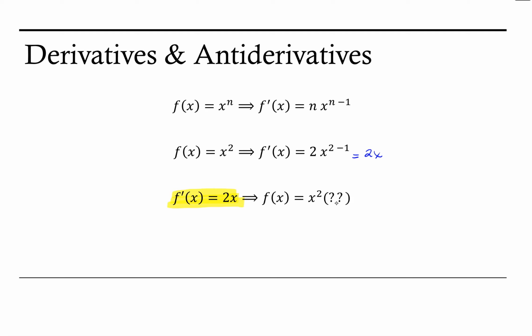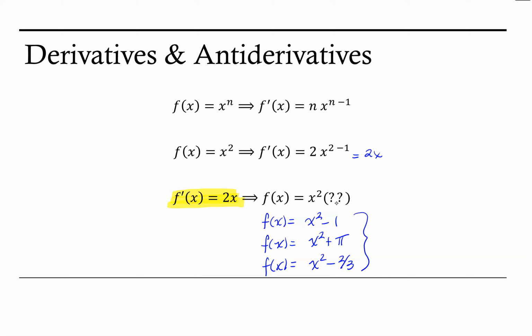For example, could my original function have been f of x equals x squared minus 1? Or f of x equals x squared plus pi? Or even f of x equals x squared minus 2/3?